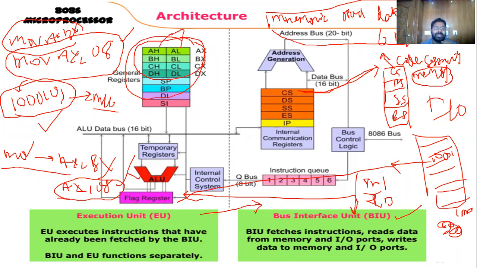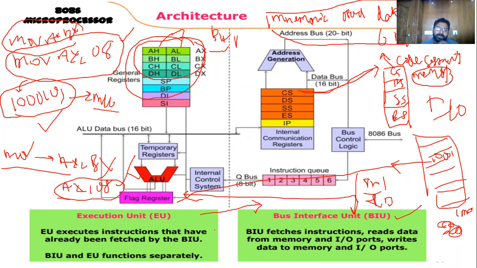If it is 8-bit data, it is in AH or in AL, or AX directly, so it can simply execute that instruction. The execution unit gives commands to the bus interface unit to fetch the required information to execute the instruction.